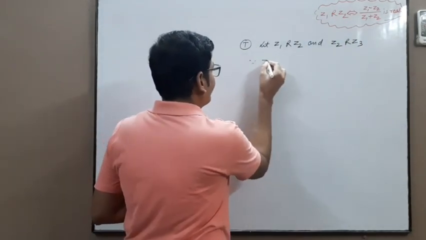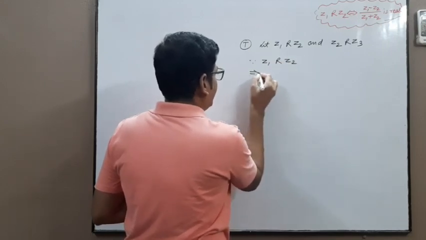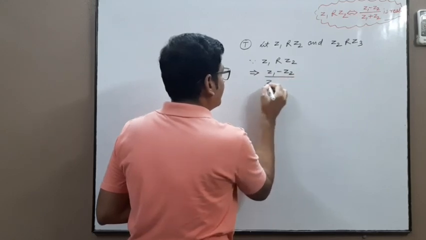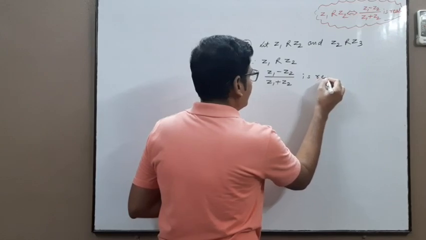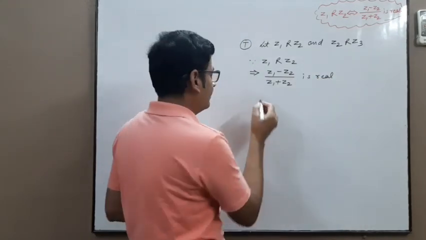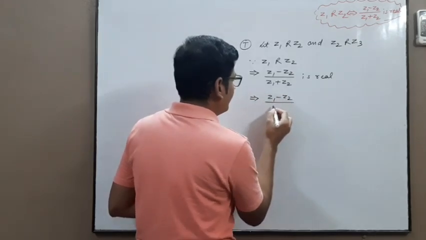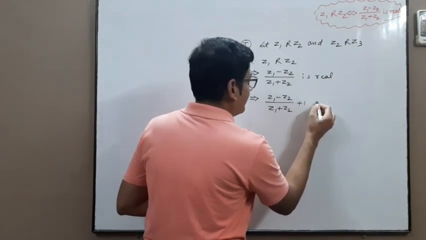Since Z1 is related to Z2, this implies (Z1 - Z2)/(Z1 + Z2) is real. If we add any number to a real number, it is still real. So (Z1 - Z2)/(Z1 + Z2) + 1 is real.